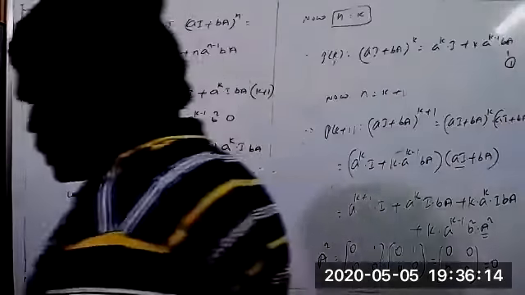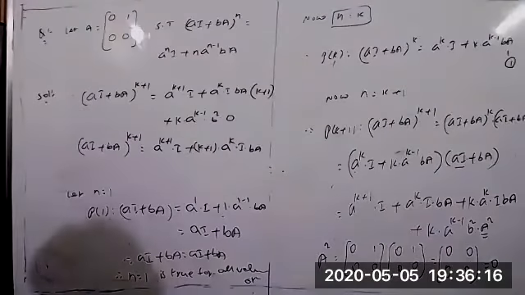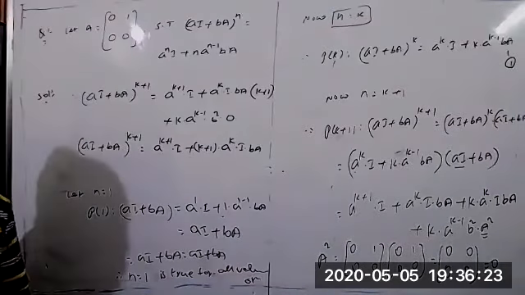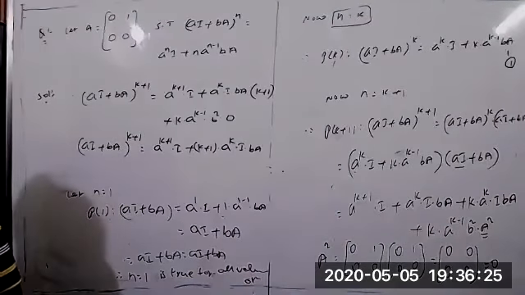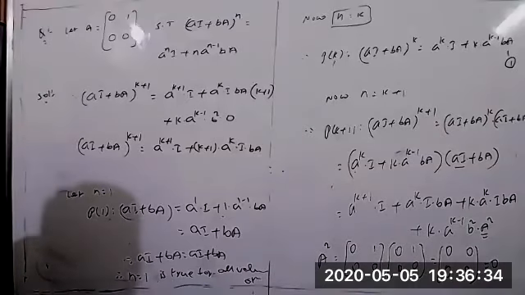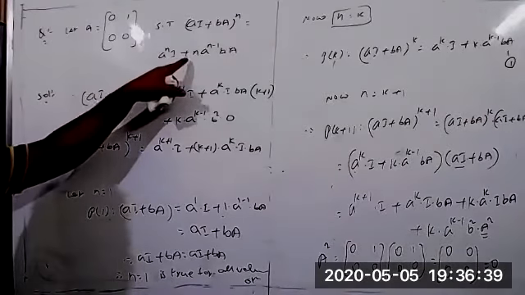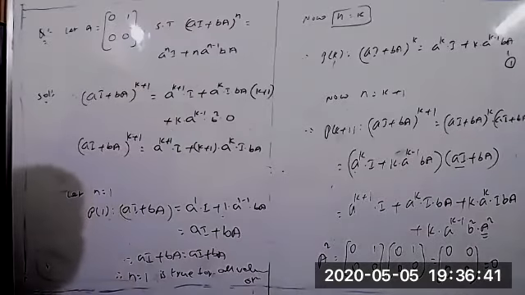So write the condition. So therefore, what you can see is the last statement. Therefore, n equal to k plus 1 is true for all values of n. Hence, by principle of mathematical induction, I plus ba whole power n equal to a power n into I plus n into a power n minus 1 into ba, for all n belongs to natural numbers.